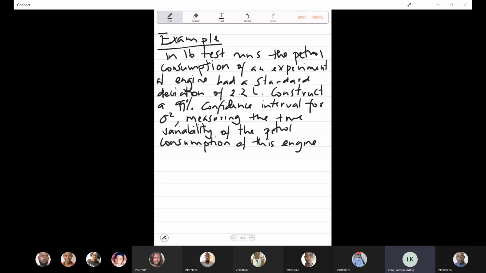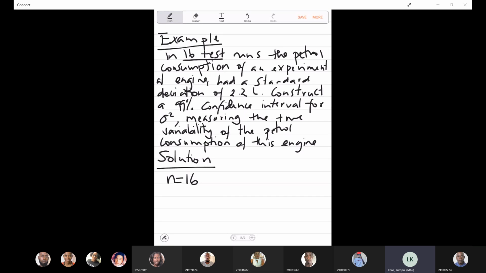Okay, so we can write down what it is we are given. So we're told that we have 16 tests. So that means n is equal to 16. Let me just write solution here. Okay, so we know that n is equal to 16.